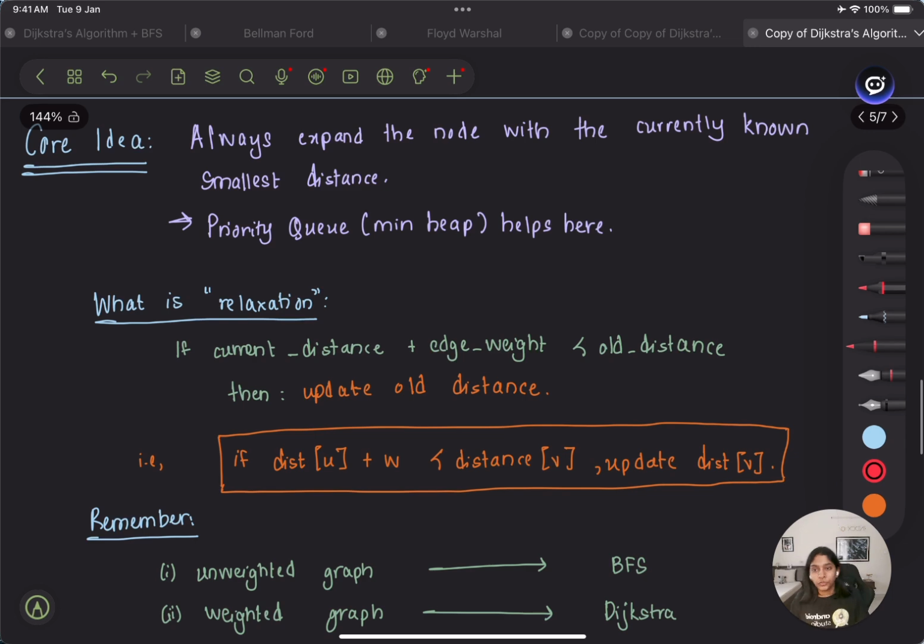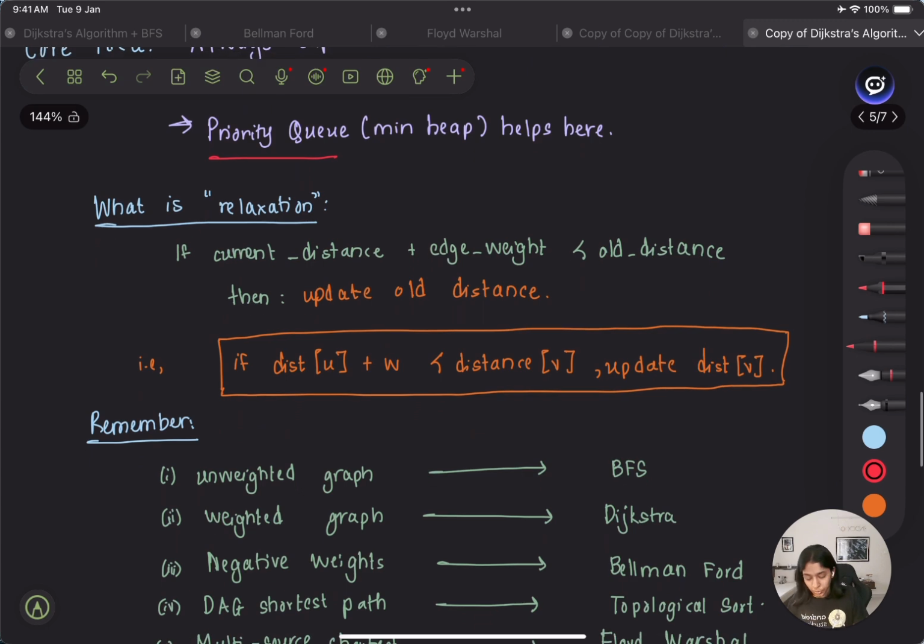Okay. So the core idea, as we saw, is you always expand the node which currently has the smallest distance, and our priority queue takes care of that. And I mentioned a term called relaxation.